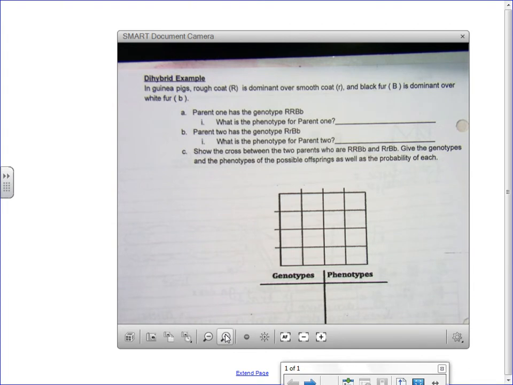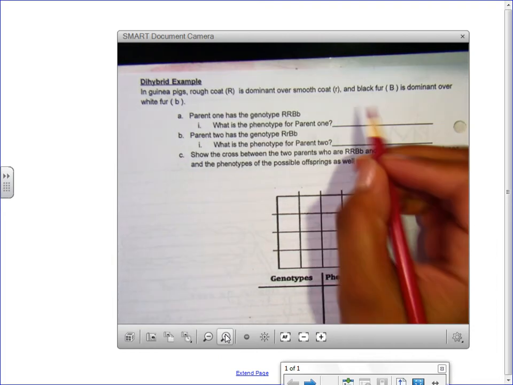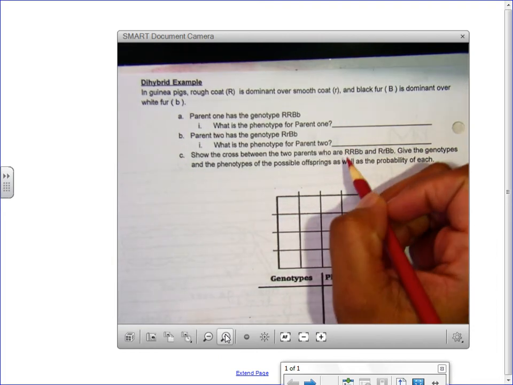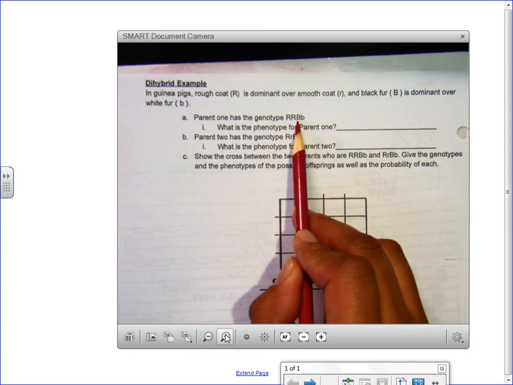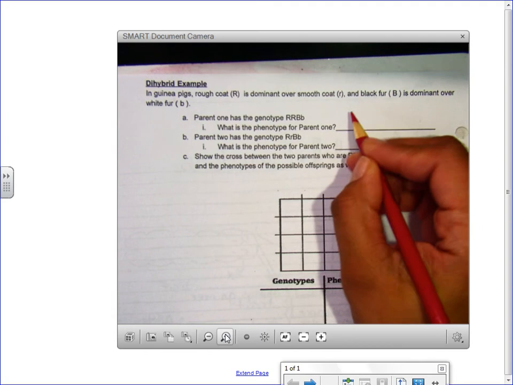So parent 1 has a genotype of dominant R, dominant R, dominant B, recessive B. What is the phenotype of parent 1? Rough coat, black fur. Why is it rough coat, black fur? Because it has dominant R's and then a dominant B, which would be the black, with the recessive B, but the dominant trait is going to show.